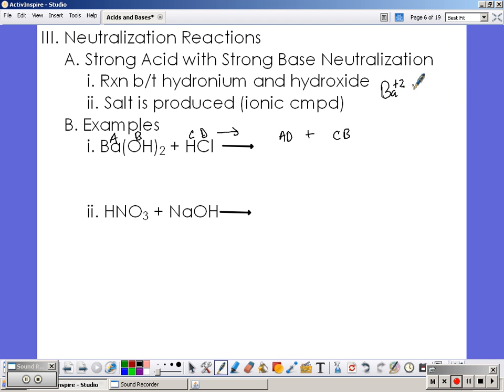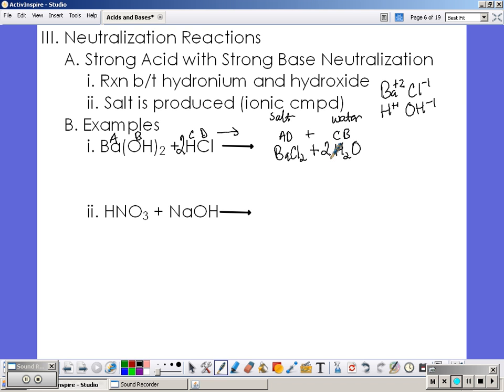So I would have BaCl2 plus hydrogen plus hydroxide, HOH or H2O. So BaCl2 would be what we would call the salt, and then we have our water. We would need to balance this. 2 Cl's, 1 Cl, we'll put a 2 there. That gives me 4 hydrogens, so 2 there, and we're balanced.